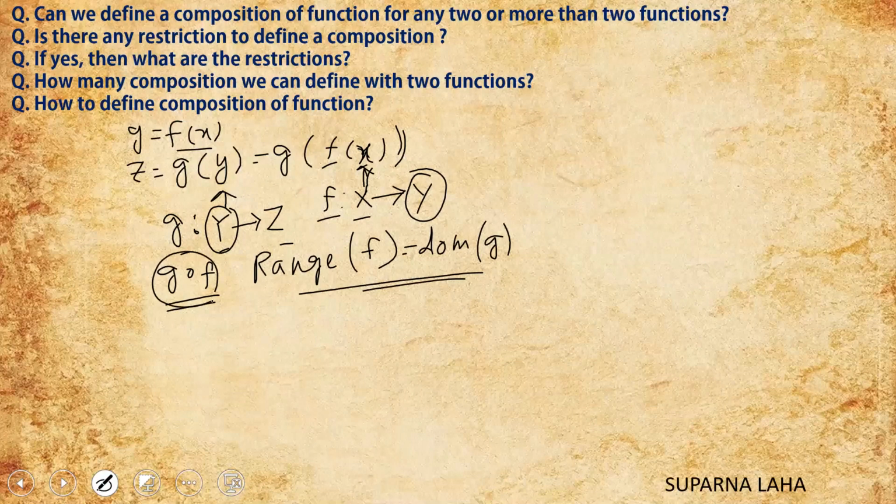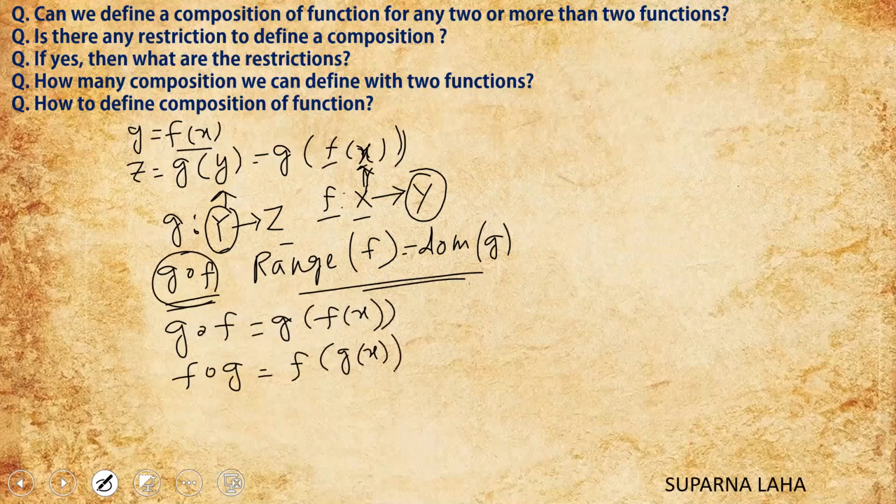Now how many types of composition can I define? I can define just two types of composition, either g composition f, or I can change their places, f composition g. Now what is g composition f? g of f(x). And what is f composition g? f of g(x).